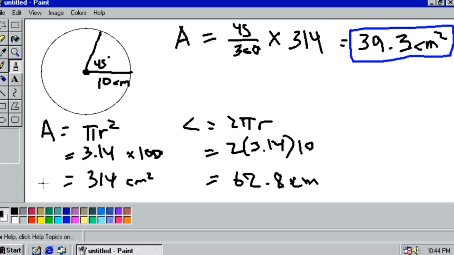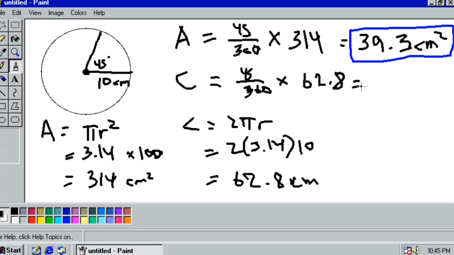Now let's find the length of the arc. So we'll have the same 45 over 360 times our full circumference of the circle, which is 62.8. Now I'll put it on a calculator.